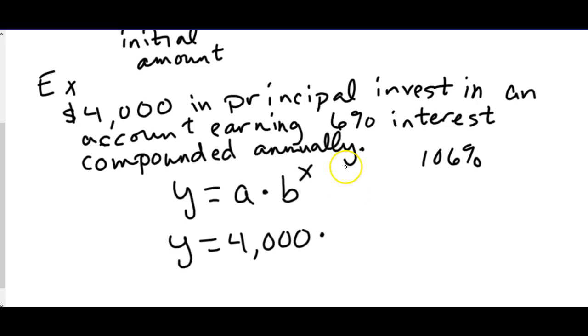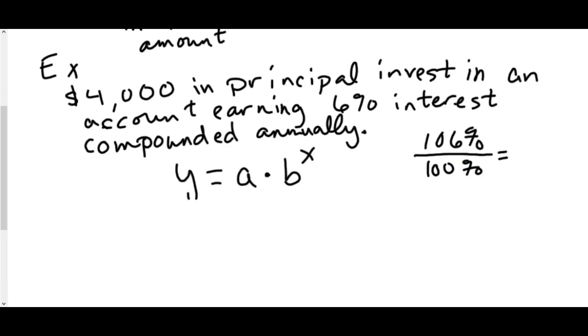But when we plug this into a formula, we don't like it as a percentage. Percentages are always out of 100. So if we divide 106% by 100, we're not going to have this percentage symbol anymore, and we would get 1.06. So that's what would go into our equation.